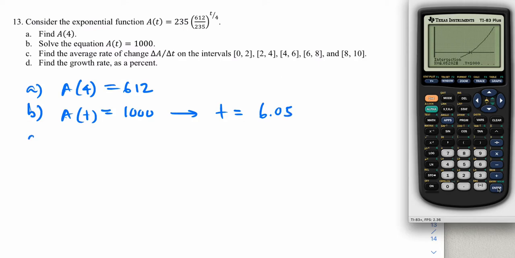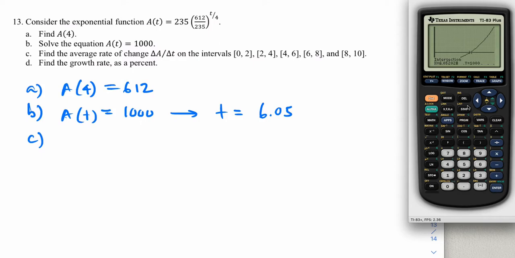Part C. Find the average rate of change, delta A over delta T, on the intervals 0 to 2, 2 to 4, 4 to 6, 6 to 8, 8 to 10. So those are interconnected intervals that are splitting up the interval from 0 to 10, which is actually what we've graphed. We've got the graph of our function on the interval from 0 to 10 right now.